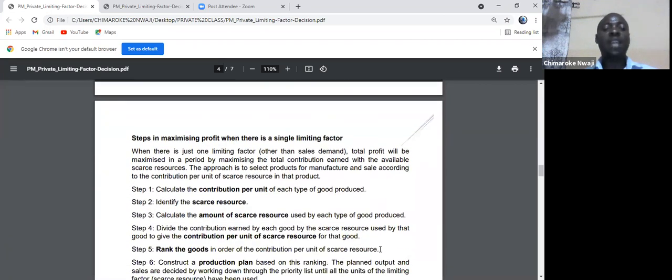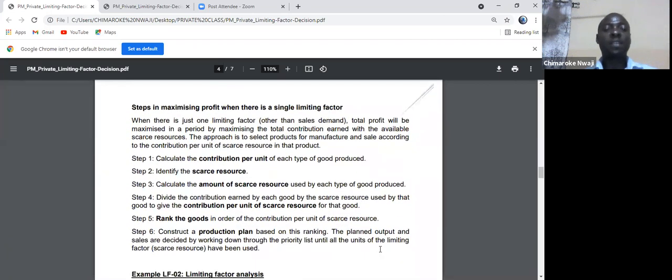So what are the steps in profit maximization when there is a single limiting factor? Now, how can we take advantage of short-term decision-making, when we identify the limiting factor, to maximize our profits?